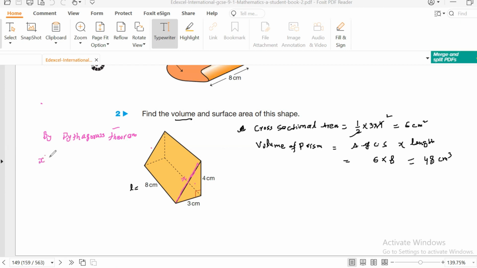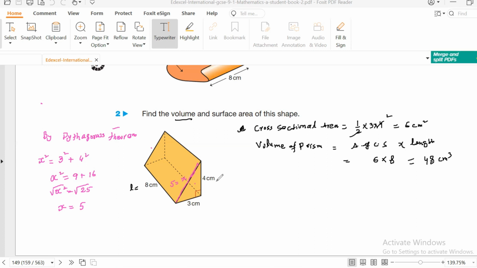So x square is equal to the sum of squares of the other two sides, means 3 square plus 4 square. That gives me 3 square is 9, 4 square is 16. So x square is equal to 9 plus 16, 25. Once you take square root on both sides, it gives us 5. It means x equals 5.